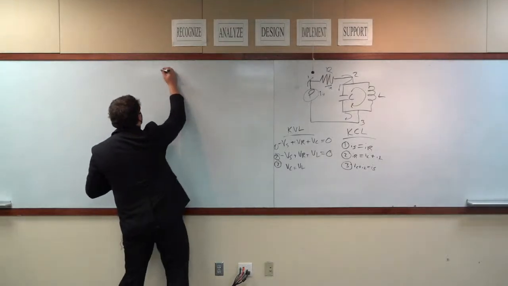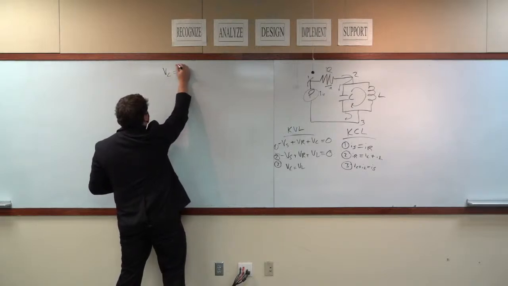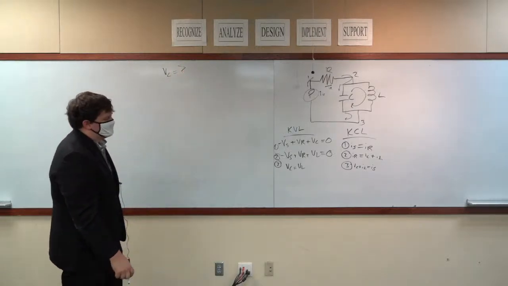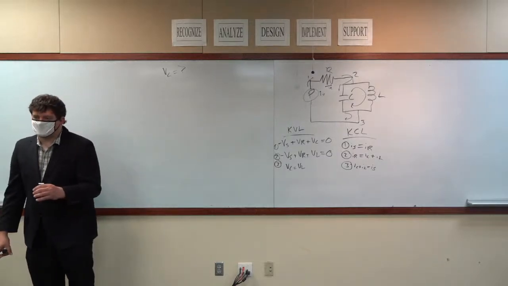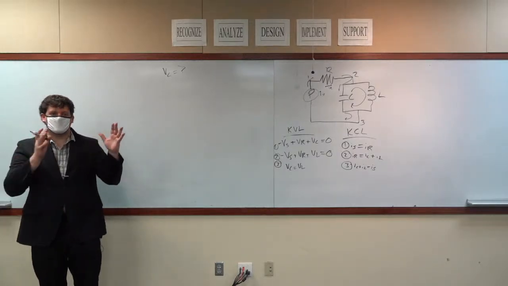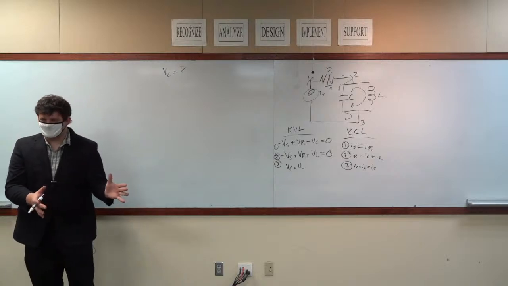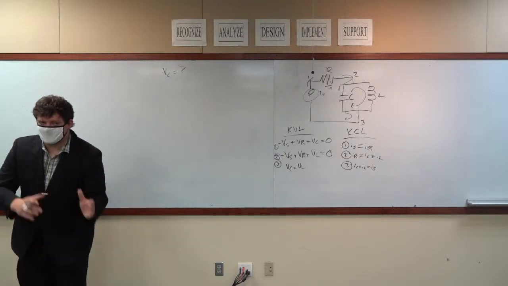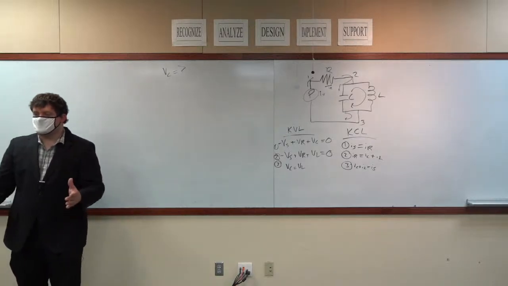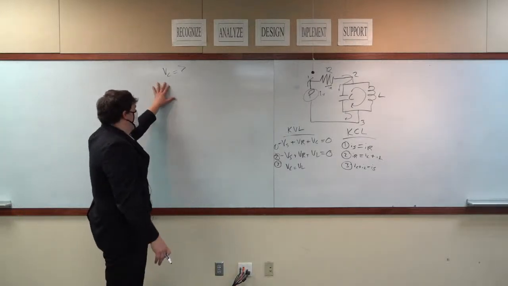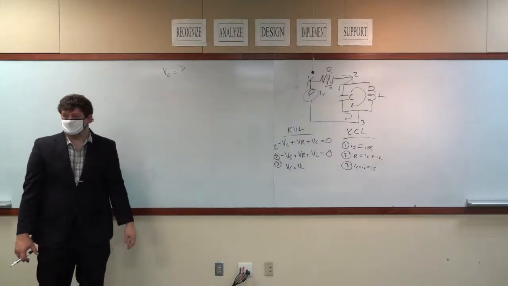So if we want to find VC equals something, at the end of the day, the whole purpose of analyzing systems is to understand the behavior. What is the behavior again? It's the output. We need to have the output as a function of what? The input. Here, VC is going to be our output.